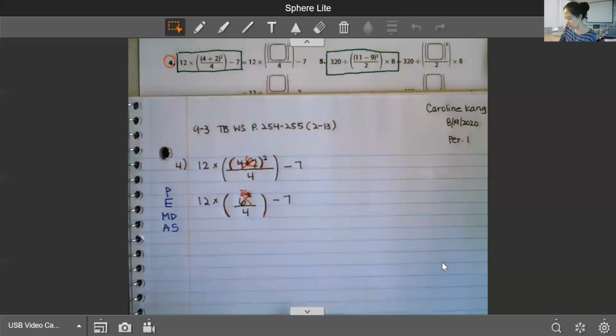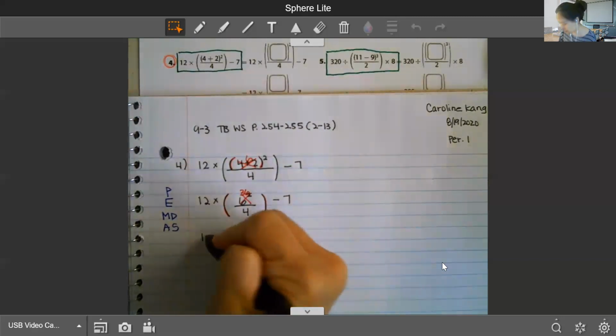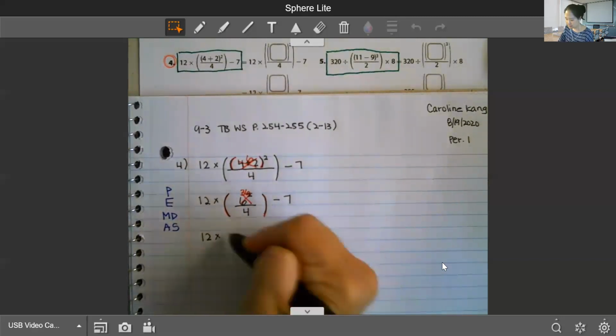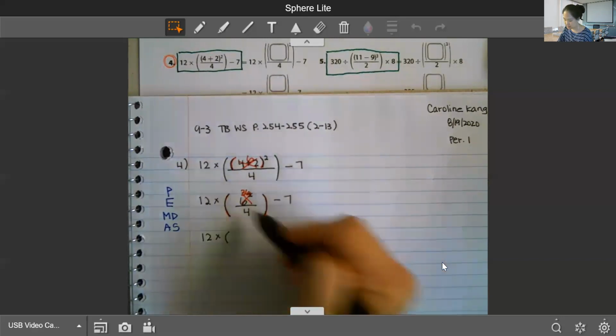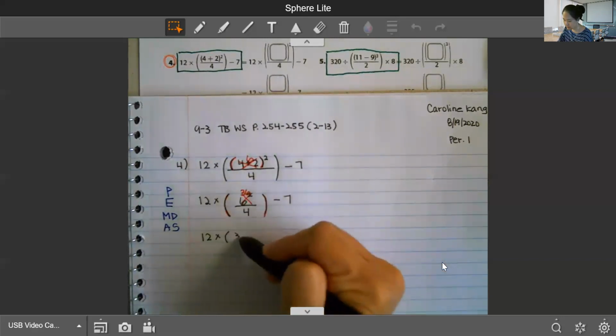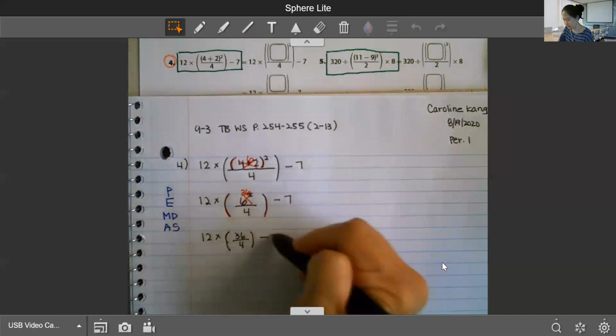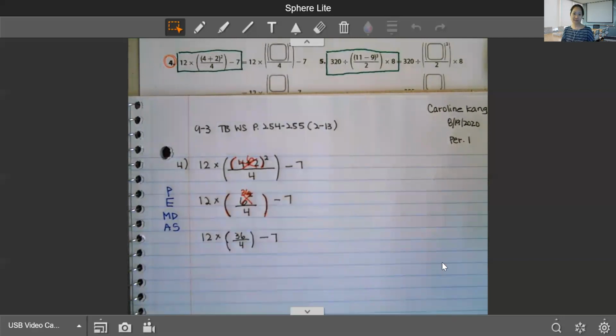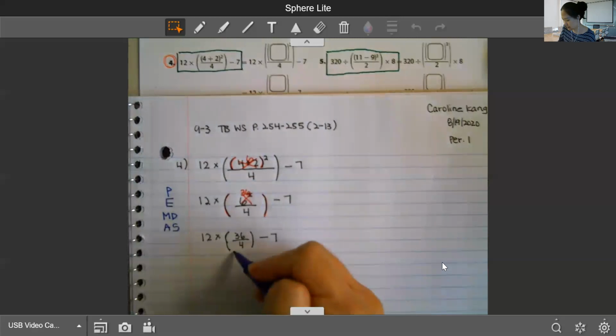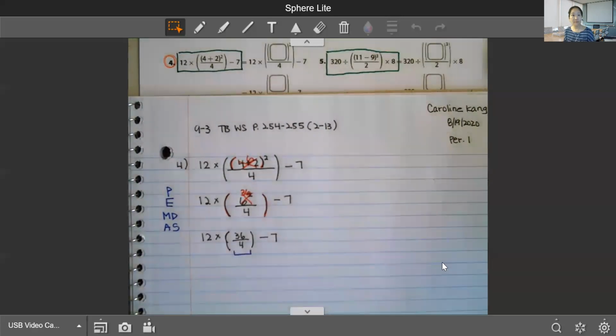And again, I'm going to rewrite the problem: 12 times parentheses 36 over 4, close the parentheses, minus 7. I still have my parentheses, don't I? I have 36 divided by 4.